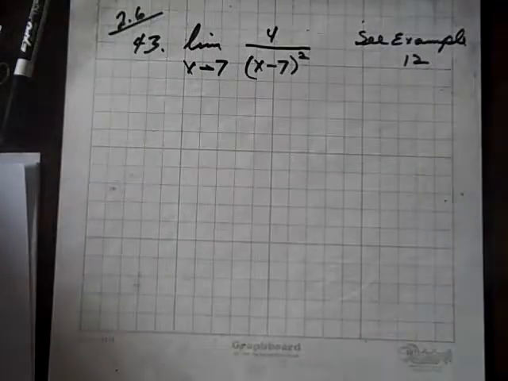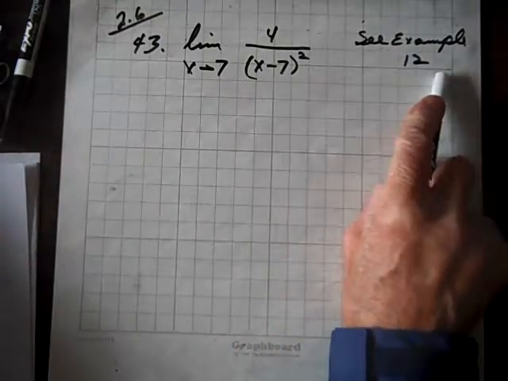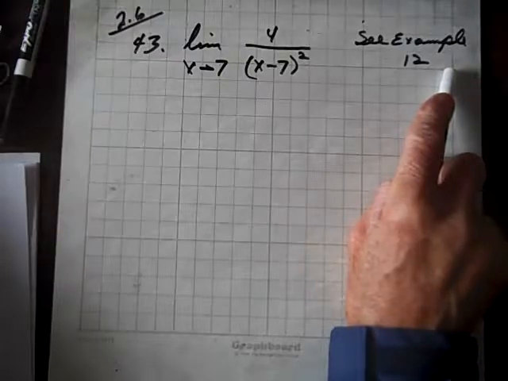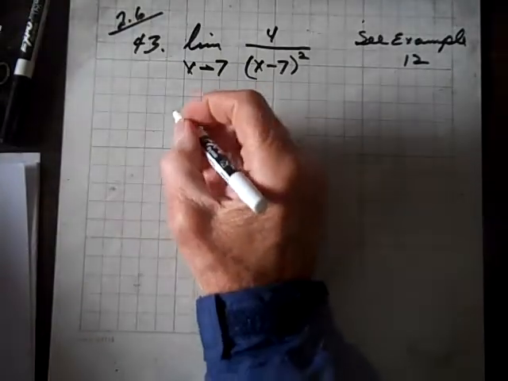Okay, now we're doing question 43, and we have to find this limit. And I'd encourage you to look over example 12 before doing this. So let's go ahead and graph this.